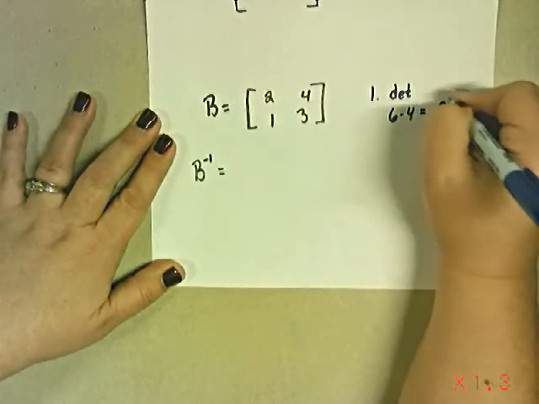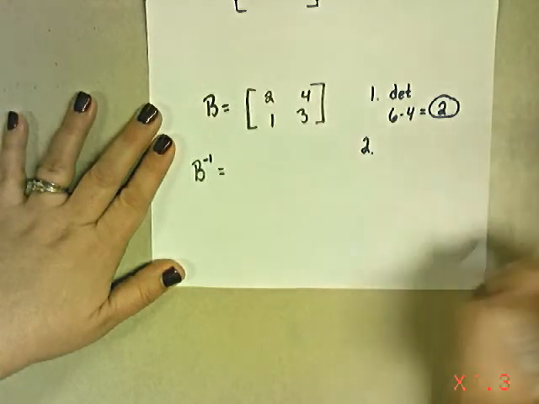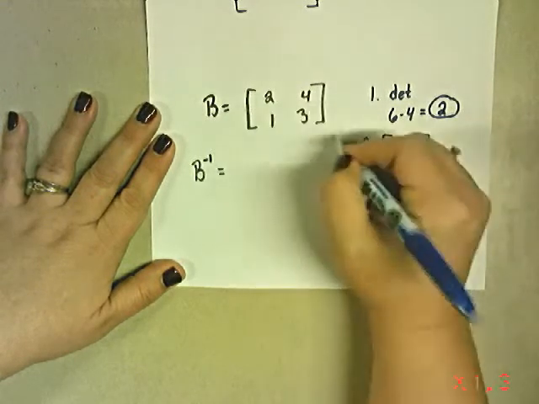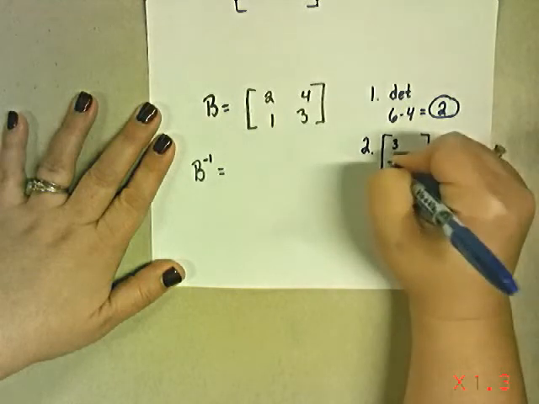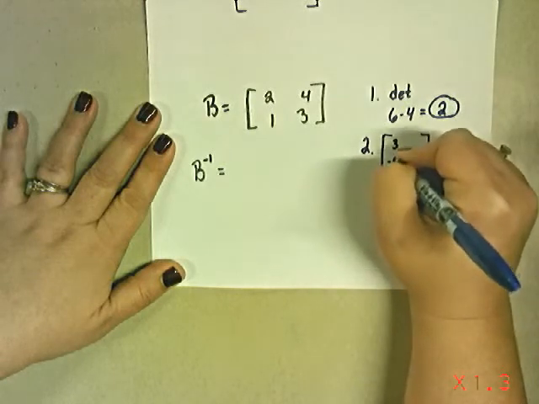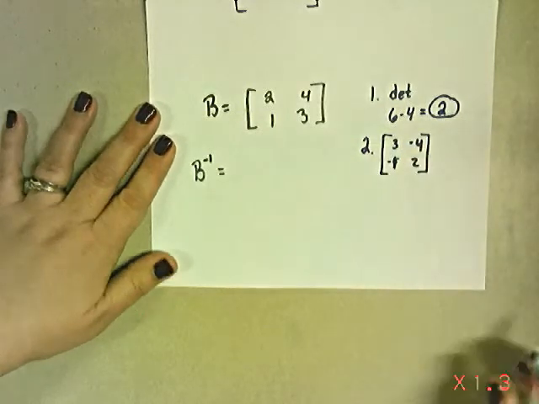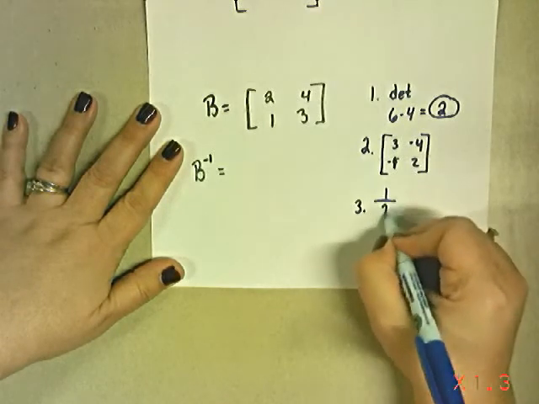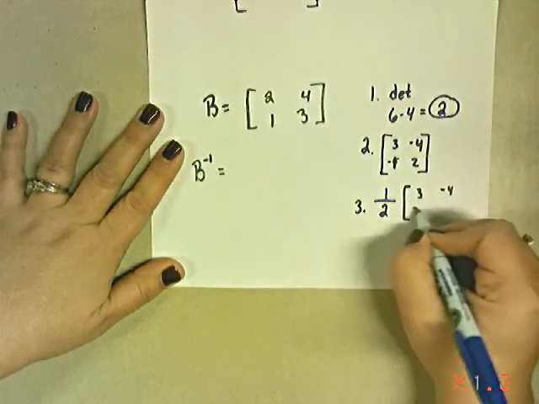That equals +2. Second step is to find that funky matrix. So flip the numbers on the diagonal, 3, 2. Change the signs on the second diagonal. -1, -4. And step number 3 is to multiply 1 over your determinant by your funky matrix.